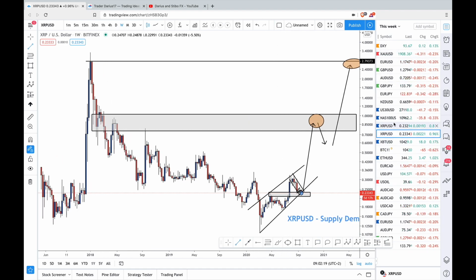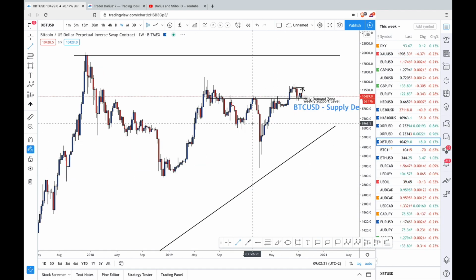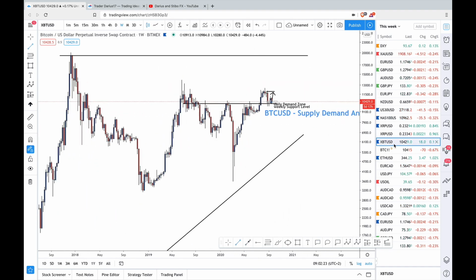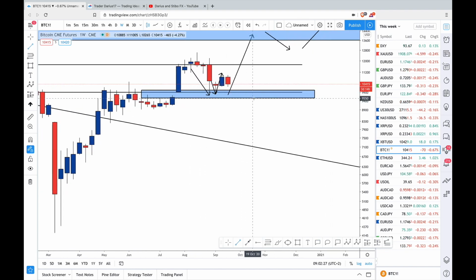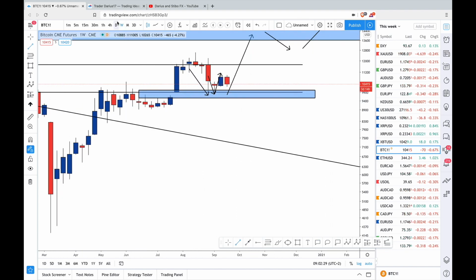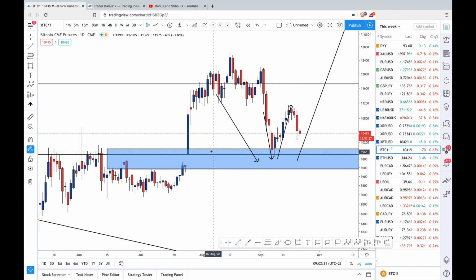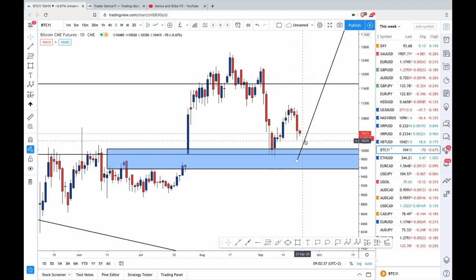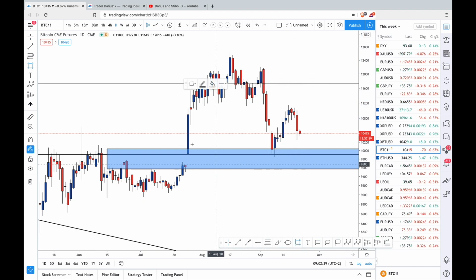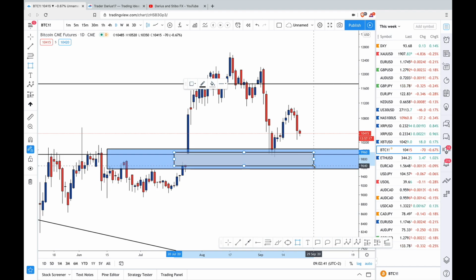And on Bitcoin, actually I see an even deeper retracement, because this gap over here is not completely filled. So I made a video yesterday where I told you, yeah, we already filled it, but actually I think that we did not fill it completely. So I'm not 100% sure of that, because this is the gap that I'm talking about.